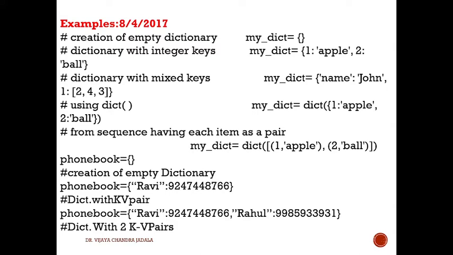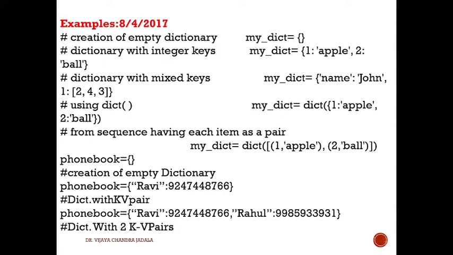Create an empty dictionary, that is, my_dict equal to opening and closing braces. To create an empty dictionary, we have to use opening curly braces and closing curly braces. Dictionary with integer keys: my_dict equal to {1: 'apple', 2: 'ball'}.